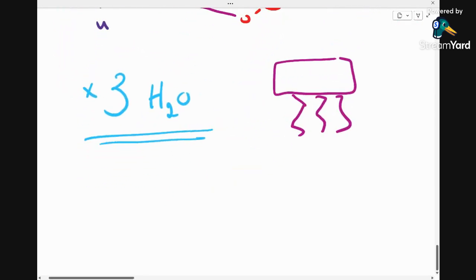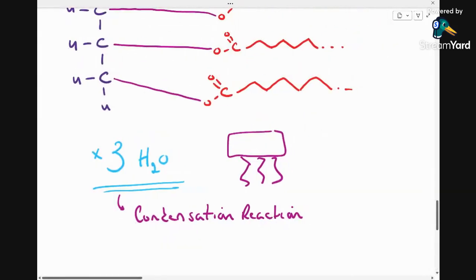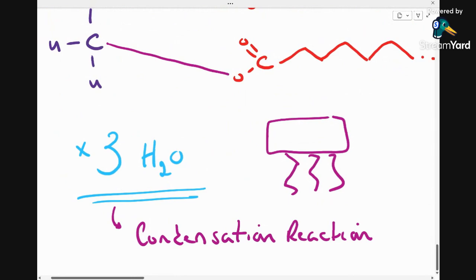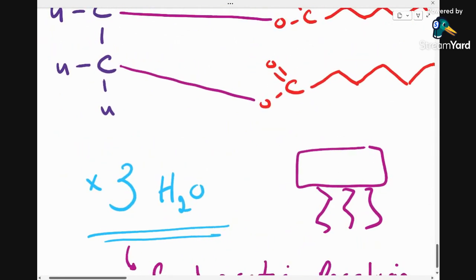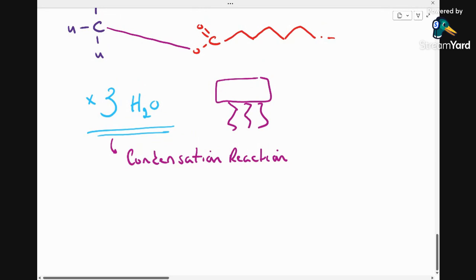Because we liberate 3 water molecules, this is a condensation reaction. Specifically, it's 3 individual condensation reactions. And it's a specific type because we form this bond, and the bond we formed is an ester linkage.